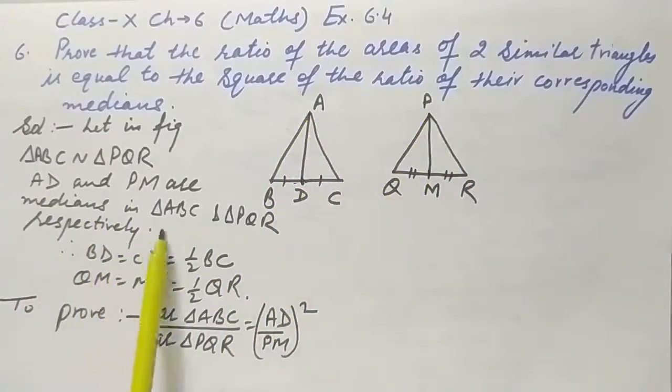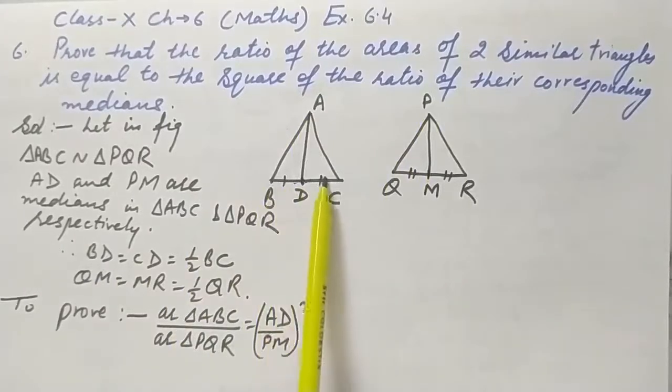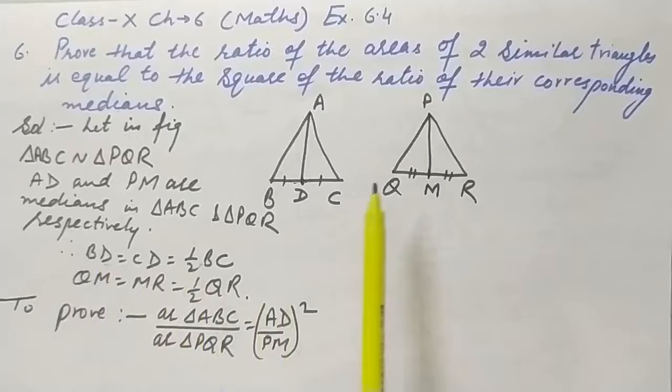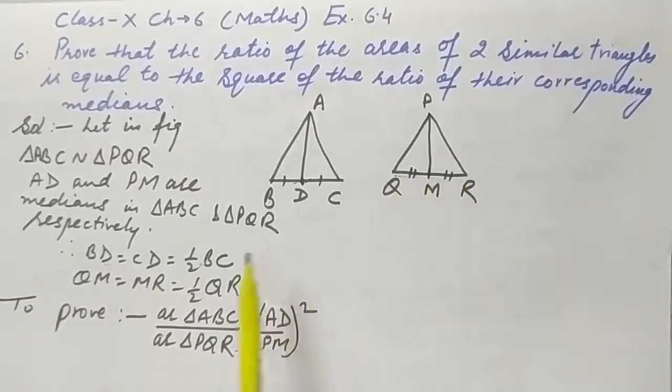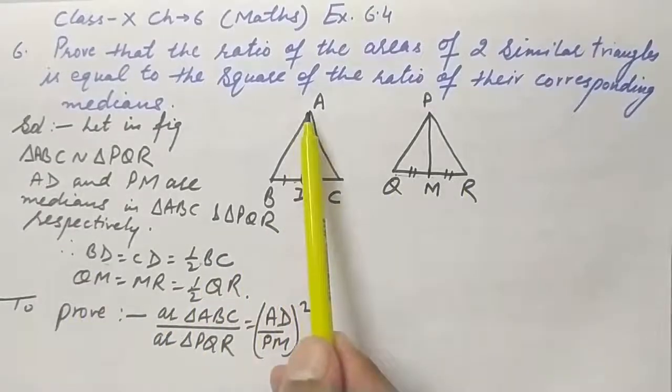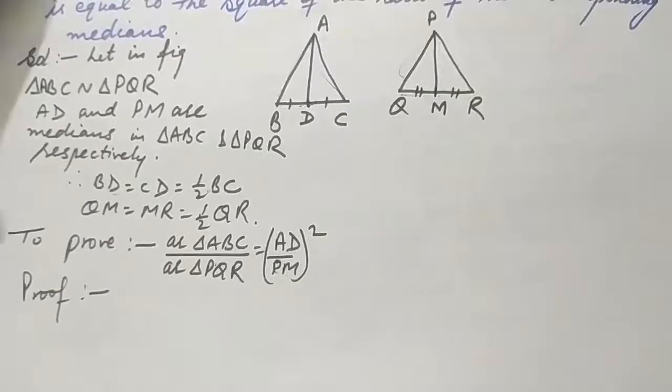So BD is equal to CD, which is half of BC, and QM is equal to MR, which is half of QR. Now we have to prove that the ratio of the areas of these two triangles is equal to the square of the ratio of their medians. This we need to prove. Now let's prove the question.